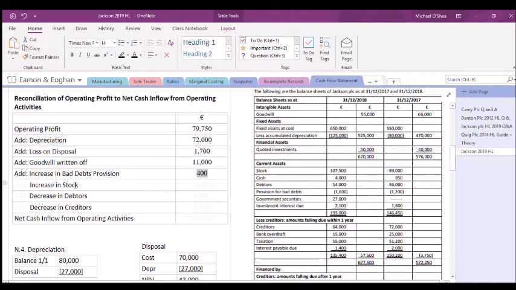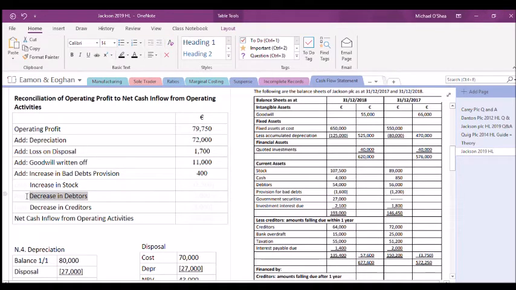The stock is just how much you count up. In terms of a cash format for transactions during the year, stock doesn't come into it. It's purchases that comes into it. So I'm trying to get rid of the stock here because, again, it doesn't really have anything to do with cash. It's just the amount of items I have left in a warehouse. I'm going to get rid of the debtors, decrease in debtors.